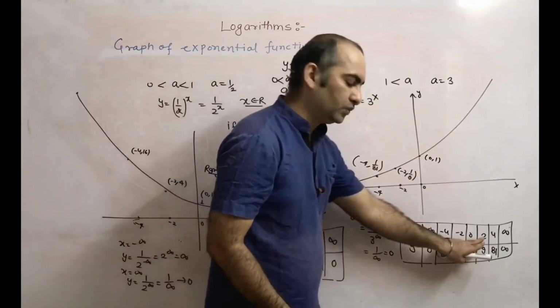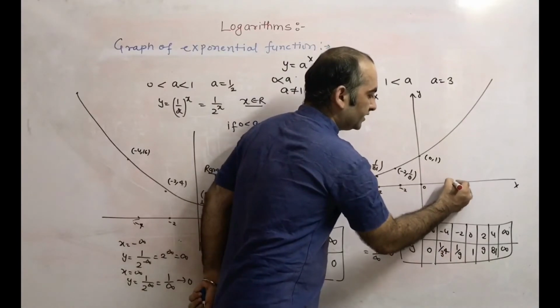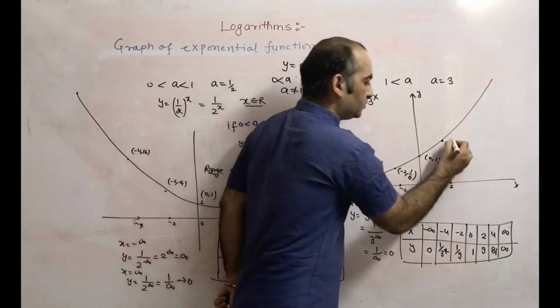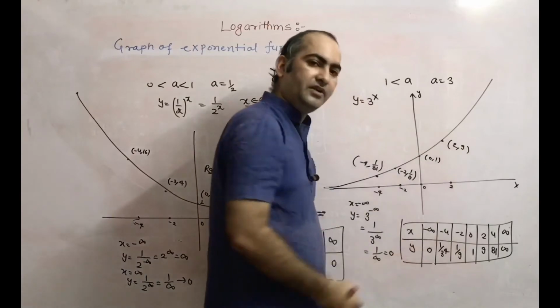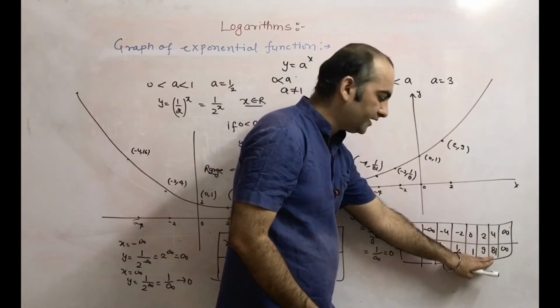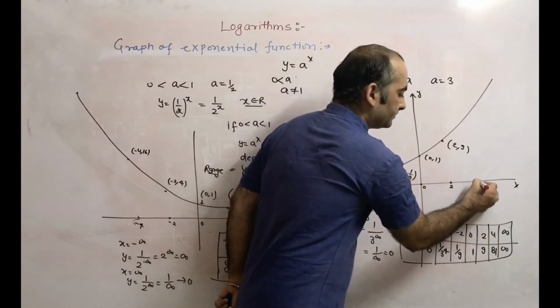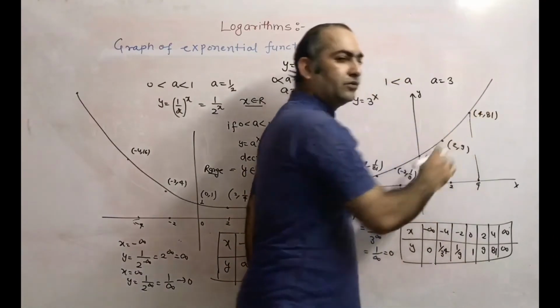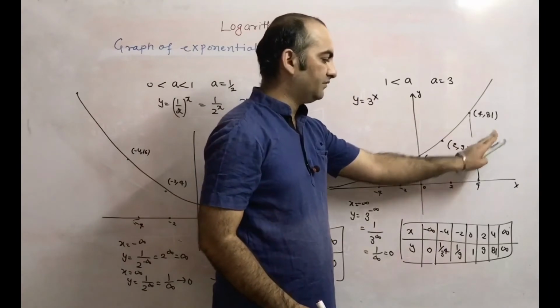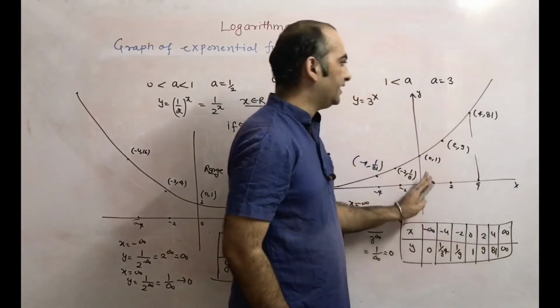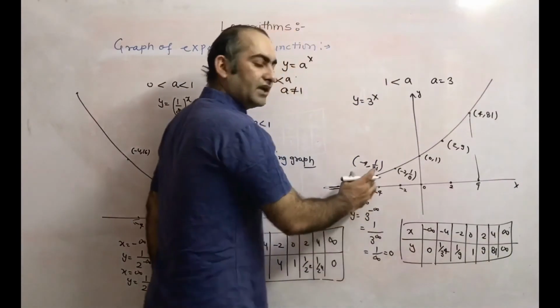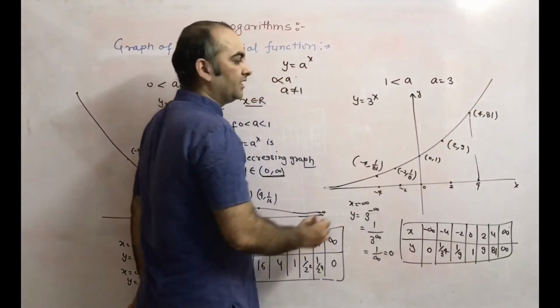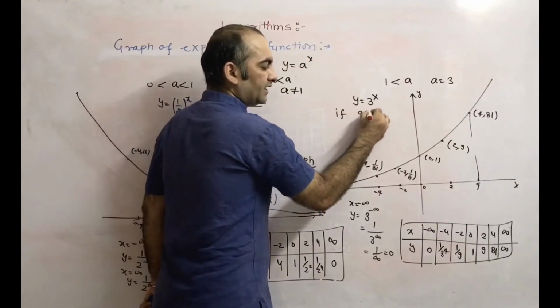If I take 2, we are getting the point 2 comma 9. With respect to 4 we are getting 4 comma 81. If x is infinity, y is infinity. So you can see that this is an increasing graph.